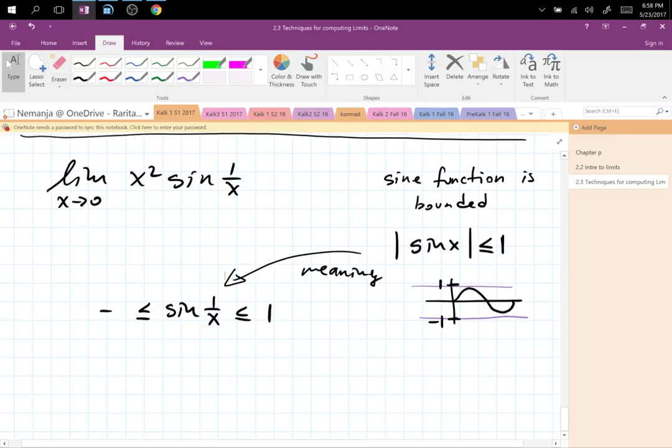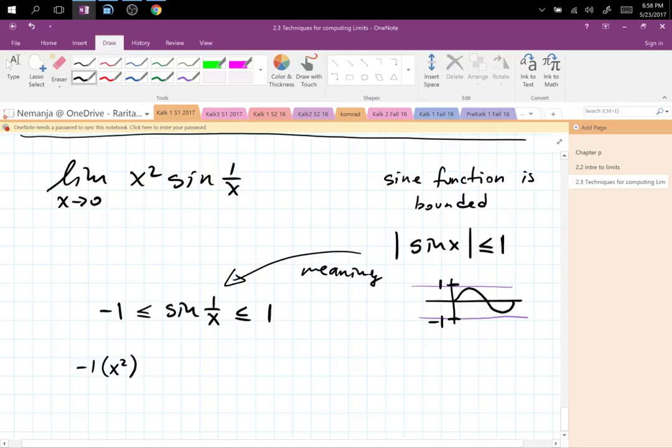So now you are comparing these two, and you realize that you are missing the x squared. So the next logical step would be to multiply all three sides of this inequality by x squared.